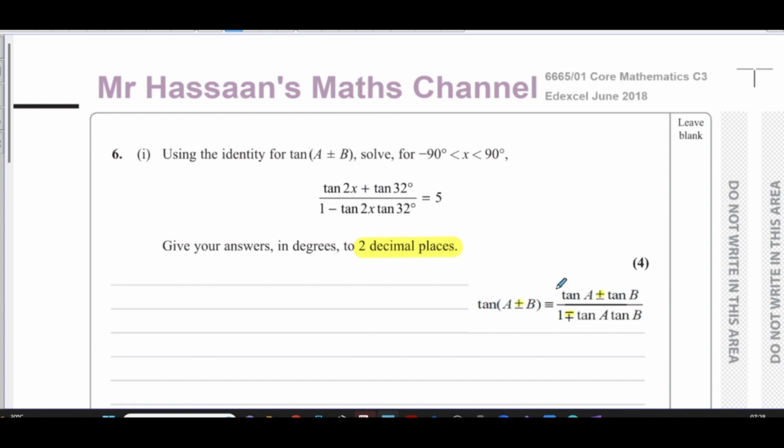So we can see that instead of A we have 2x, and instead of B we have 32 degrees. The A is our 2x and the B is our 32.